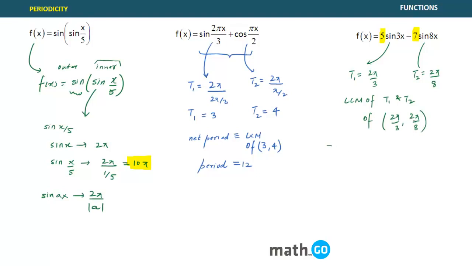How do you find LCM of fractions? Take LCM of numerators, so LCM of 2 pi and 2 pi, and divide by HCF of denominators, that is 3 and 8. The LCM of 2 pi and 2 pi is 2 pi. What is HCF of 3 and 8? It is 1. So the answer to this problem is 2 pi. 2 pi is the period.